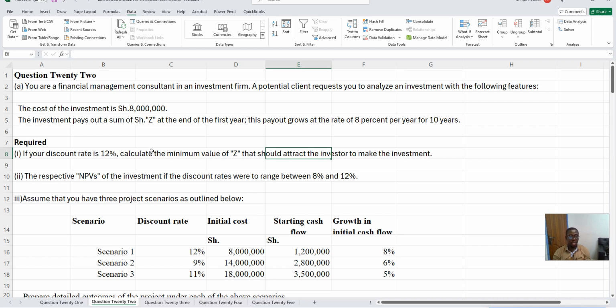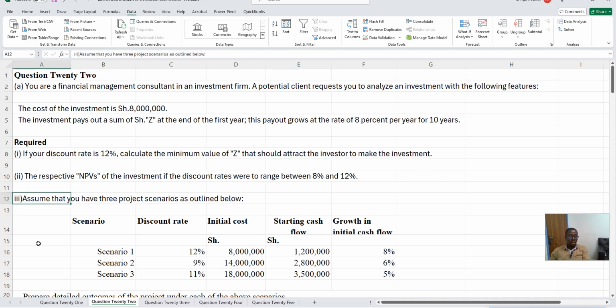The minimum value I can put in place is the point where my net present value is equal to 0. That is to say, I won't make any profit and I won't make any loss. Part 2 of the question asks for the respective NPVs of the investment if the discount rates were to range between 8% to 12%.